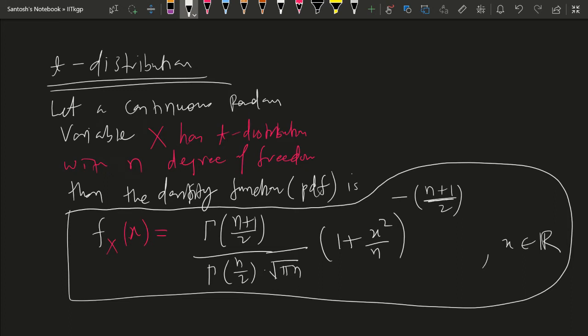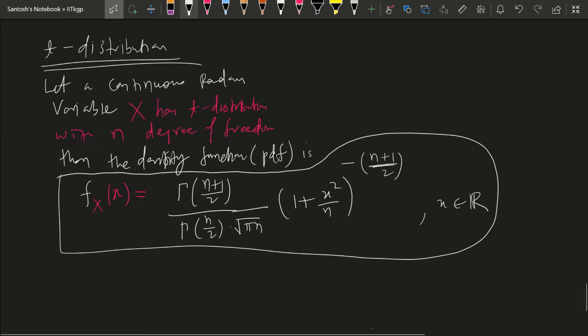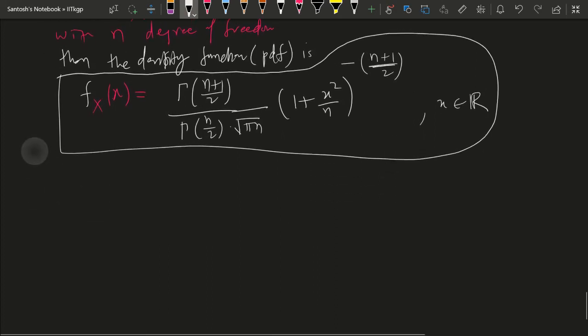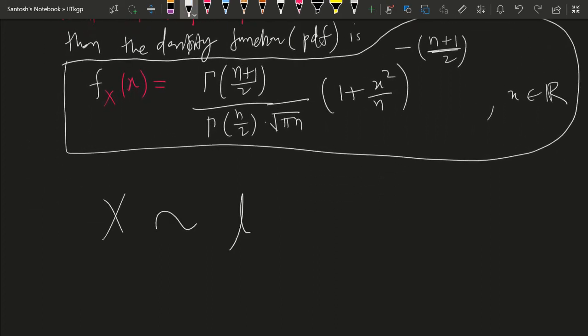Okay, now how do we write? So notation is like this. Suppose x has this t distribution with n degree of freedom, so we write tn. Sometimes you directly write tn like that.